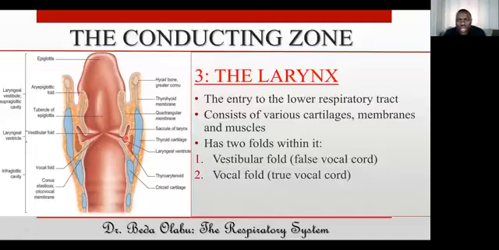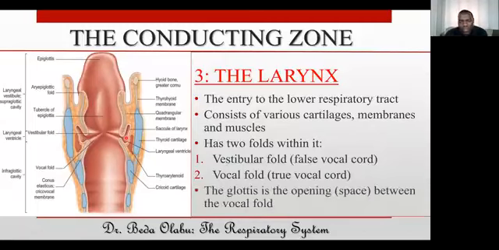Now, when we are around the larynx, you hear about glottis many times. So that talk about epiglottis, supraglottic, infraglottic. Perhaps it's important that we define what the glottis is. The glottis is the opening, that space between the vocal folds. So this space here is what we are calling the glottis.